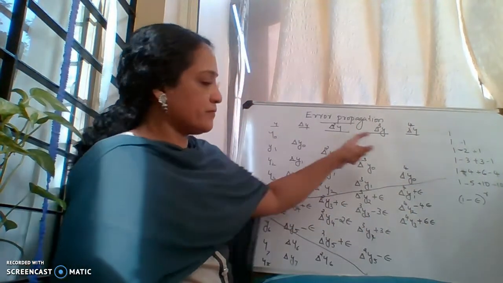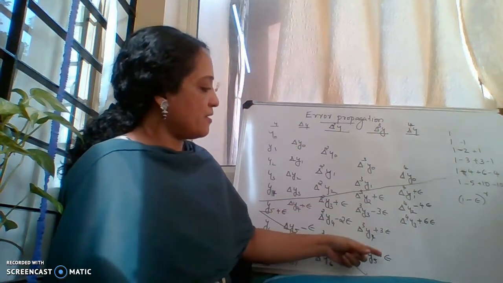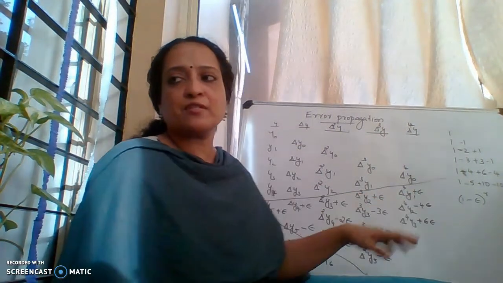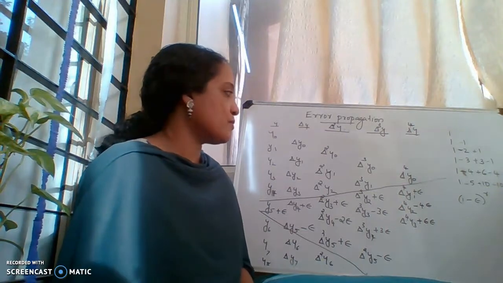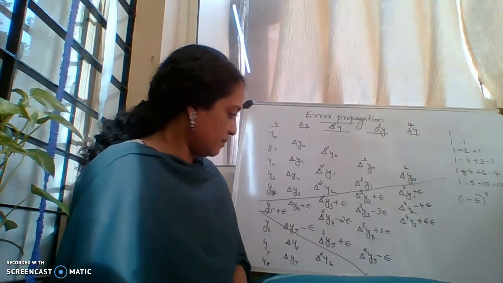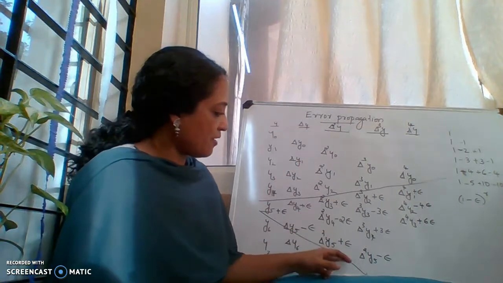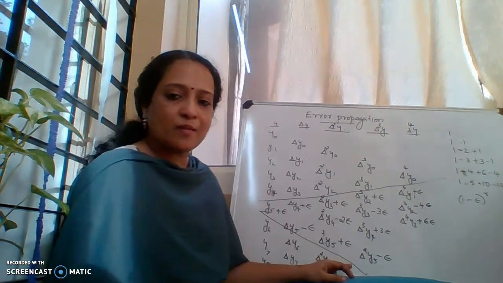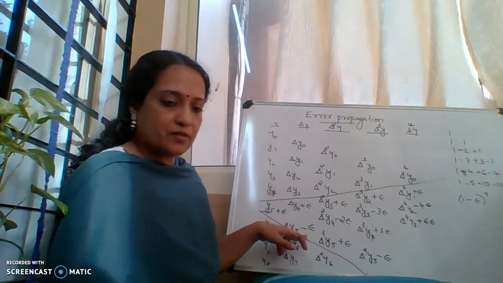So the coefficients of the error epsilon are similar to the coefficients of the binomial expansion of 1 minus epsilon raised to r. And another important property is that in any column, the algebraic sum of the errors will be 0. That is here plus epsilon plus minus epsilon, that is 0.